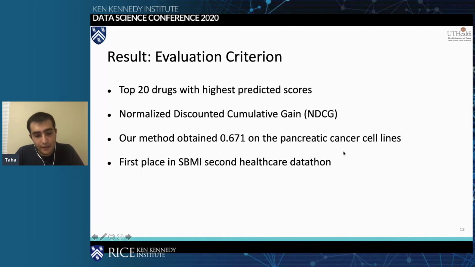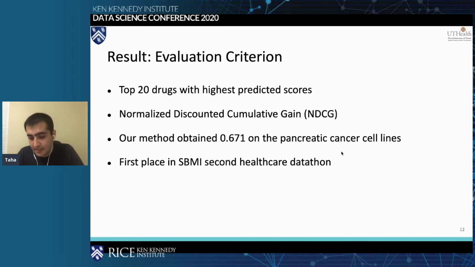And for results, for each test cell line and cross-validation cell line, we introduce the top 20 drugs with the highest predicted scores, and compute the NDCG factor on them, which is normalized discounted cumulative gain.